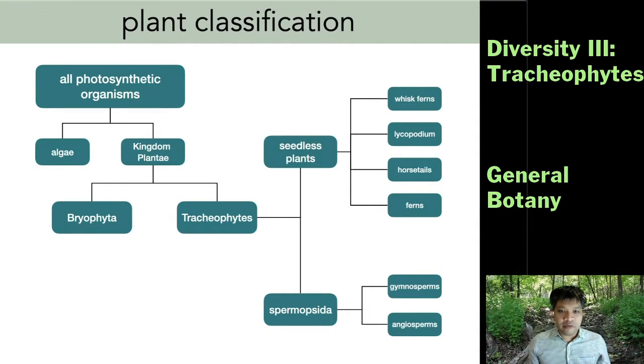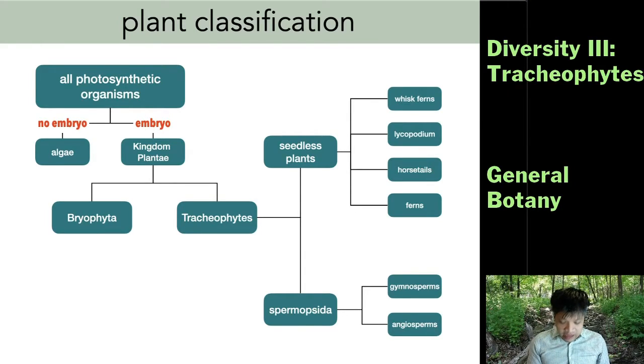To review again, I'm going to go through this flow so that you have it burned into your memory. We have all the photosynthetic organisms that we study in this class. If they have no embryo, then they are algae. If they start to have the embryo phase, the multicellular phase with multiple cells that don't have any specific function yet, they're in kingdom Plantae.